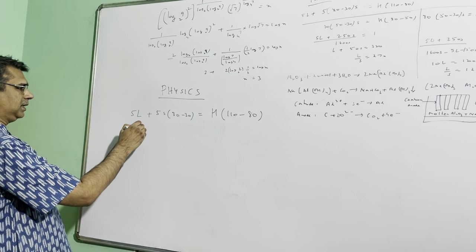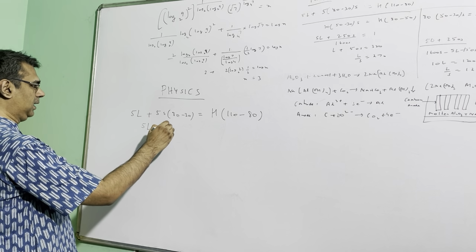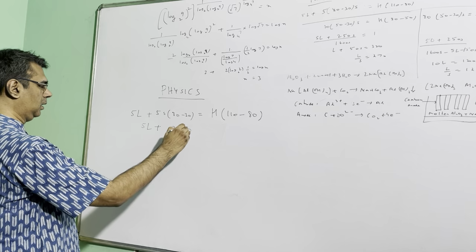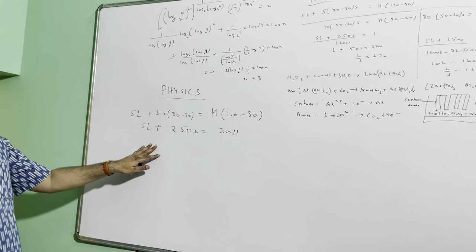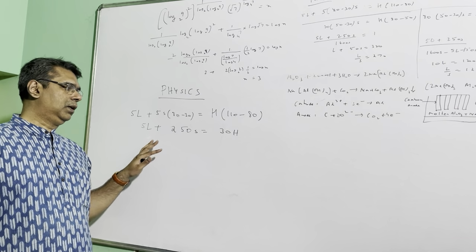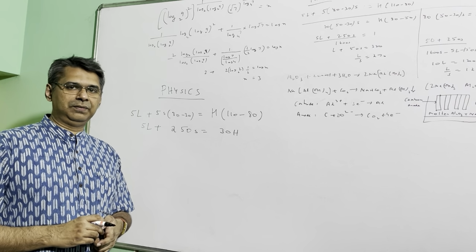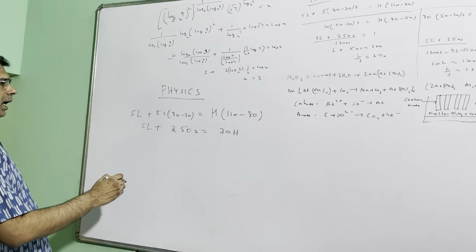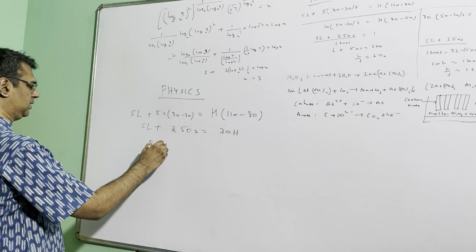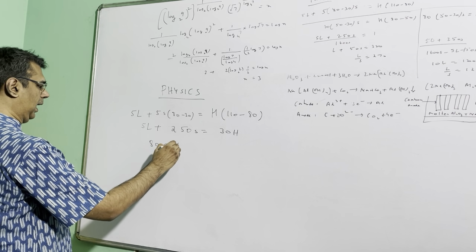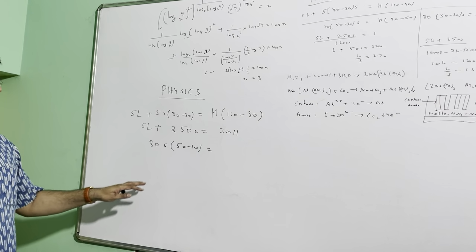If you simplify this equation, you will get 5L plus 250S is equal to 30H. So this is one equation which we are getting. Now it's written that after this, some more liquid is added, in fact 80 grams, specific capacity is S, and now the equilibrium temperature becomes 50.